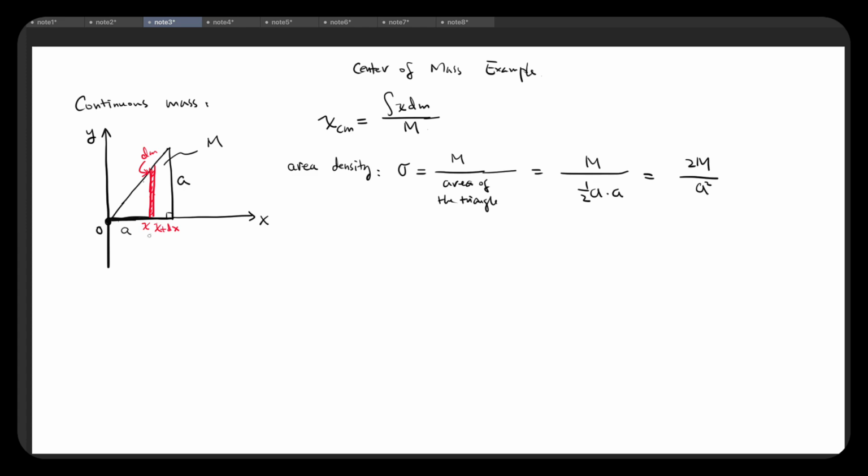So the width of this rectangle is dx, and the height is this length. But now the question is, what is that height?